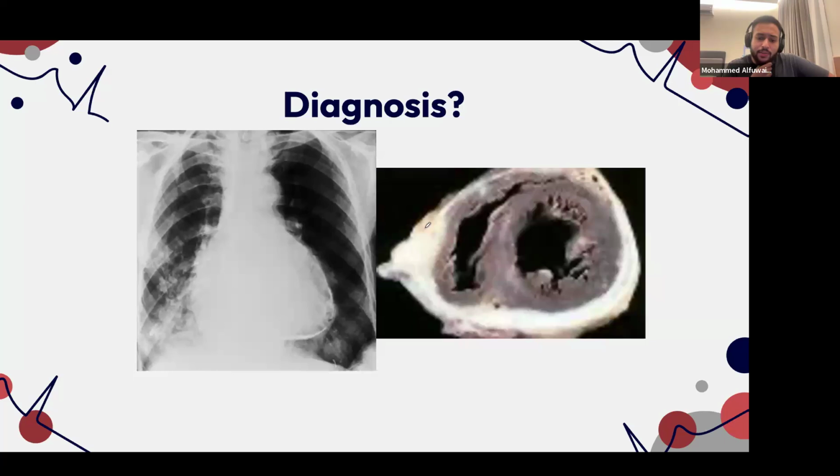How about this type of pericarditis? The patient has Kussmaul signs of heart failure. This is constrictive pericarditis. We have calcifications.